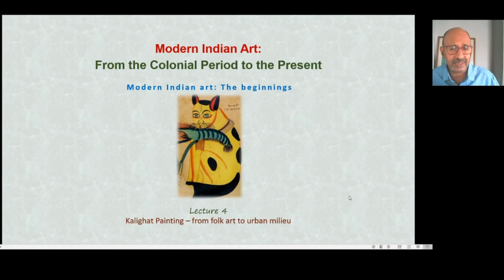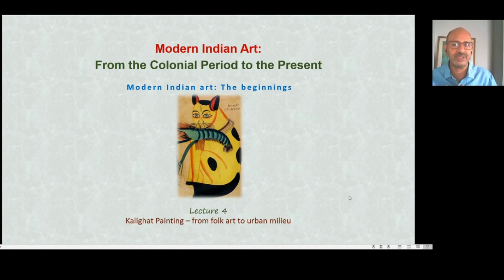So Kalighat painting, in that sense, is a wonderful example to illustrate how modern Indian art, and particularly its beginnings, is characterized by these transitional stories, be it Jamini Roy, who was shifting from Western to a more folk idiom, or Amrita Shergill shifting from her own European academic naturalistic training to an Indian style of painting.